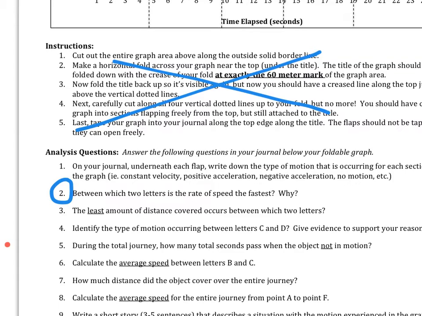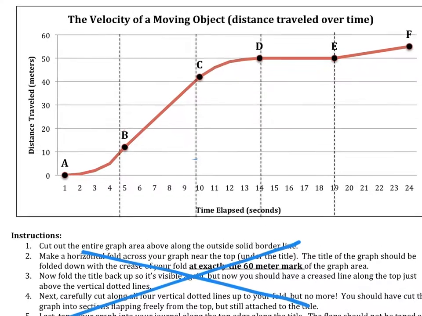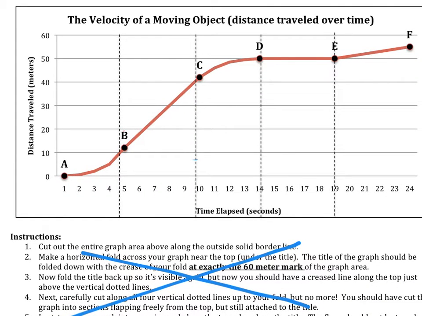Between which two letters is the rate of speed the fastest and why? So we can see here, if we just look at the graph without making any calculations, that between B and C the slope is the steepest.